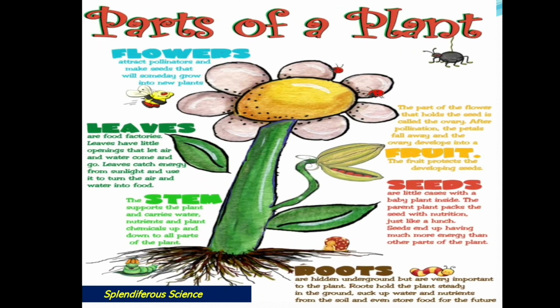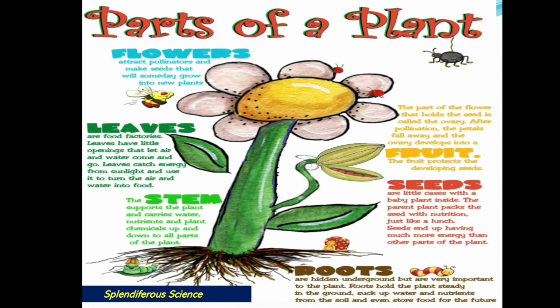So you can see here the parts of a plant. We have flowers, stem, leaves, fruit, and seeds. Flowers attract pollinators and make seeds, which will someday grow into a new plant. Leaves are food factories.